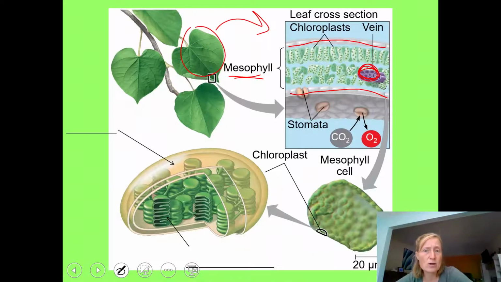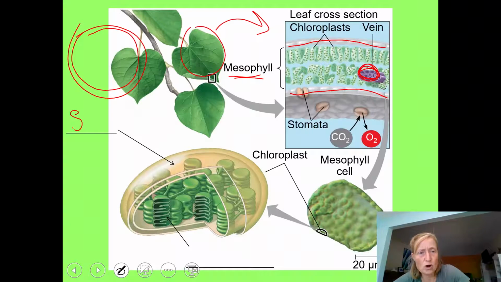When we look at the chloroplasts, this is material from chapter 6. Each chloroplast has a double membrane around it. It's one of those double membrane structures. And then it has a fluid-like material called the stroma.